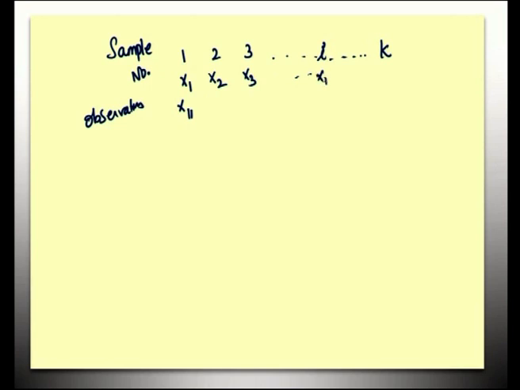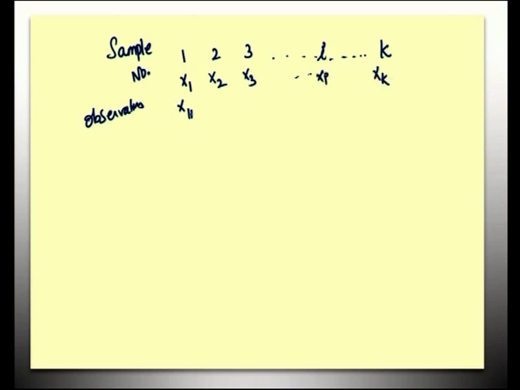What we actually mean is, just take the sample number as 1, 2, 3 up to k, and in between we have the ith sample. The sample observations: sample 1 is represented with the variable x1, then x2, x3 and so on up to xi, and the kth sample is xk.